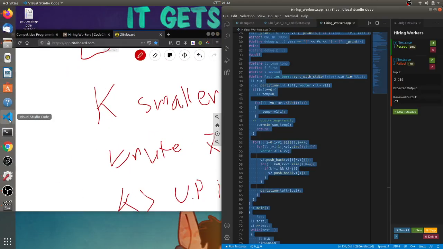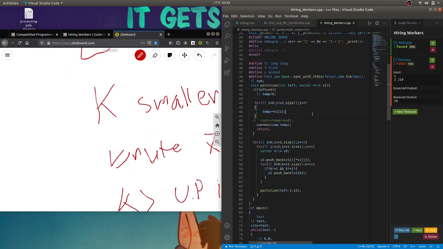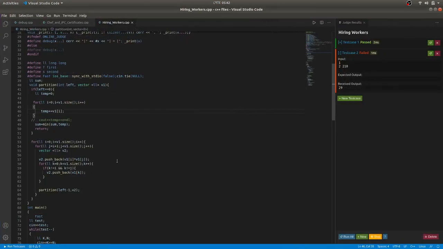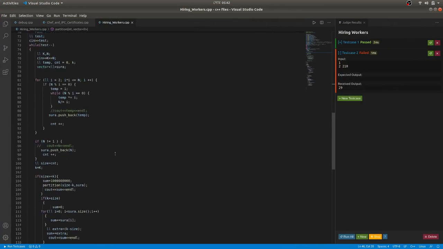So let us take you guys to the code. So here we can see, I do a prime factorization here. Temp1, I push back to a vector, just simple prime factorization.